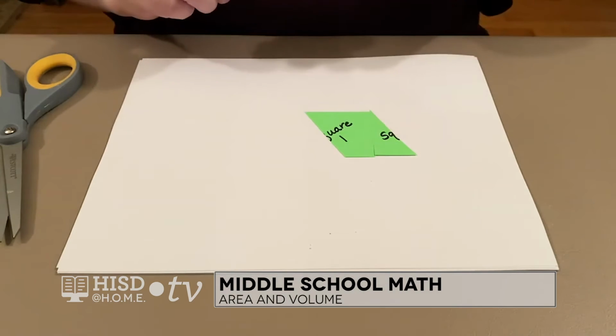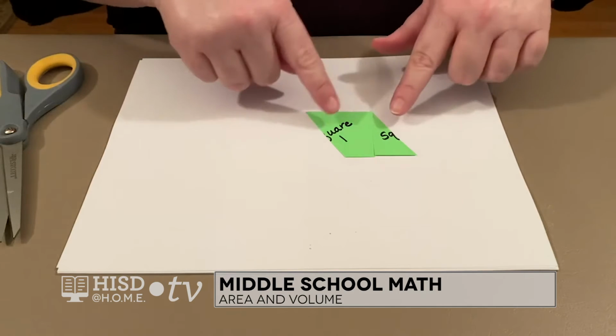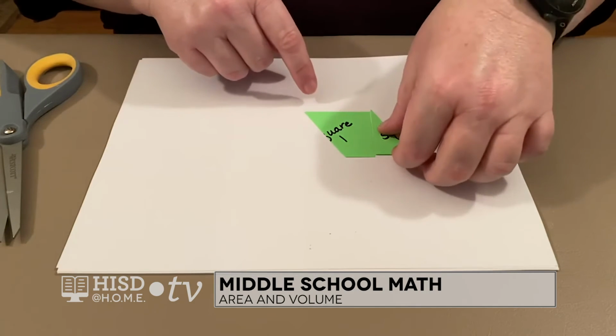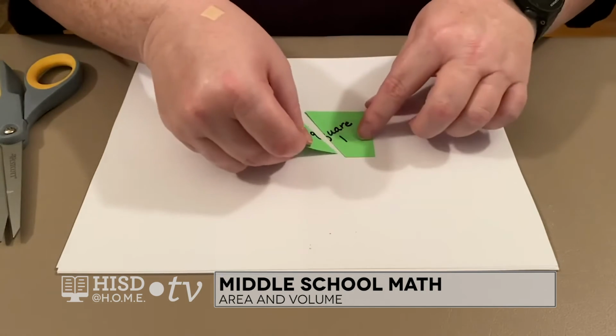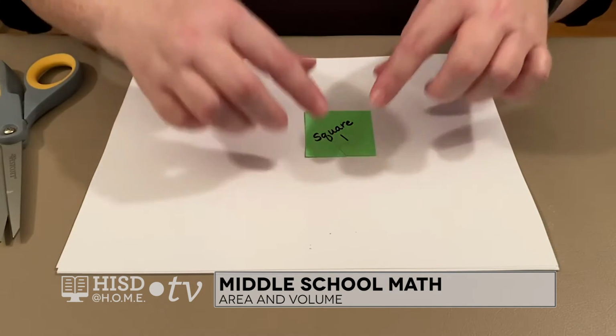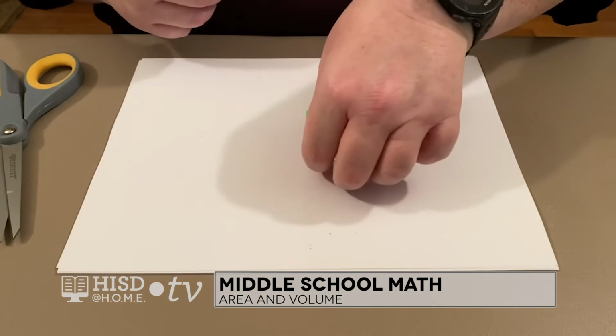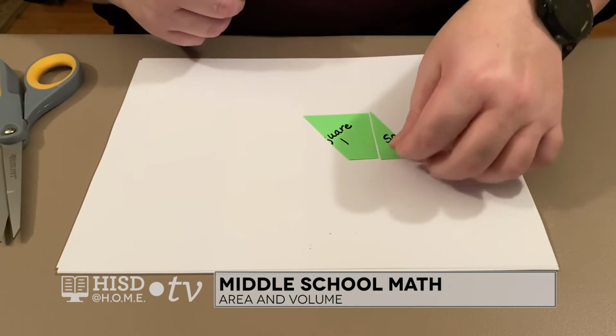And what we're asking you to do in the lesson is to describe if you think that the area of this parallelogram is the same as the square, or is the area of the parallelogram bigger than the square or smaller than the square.